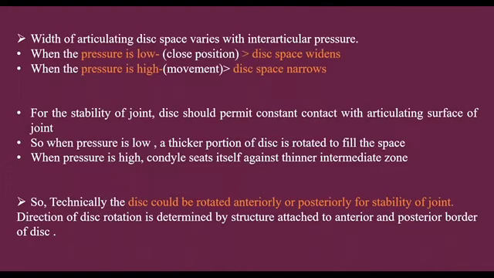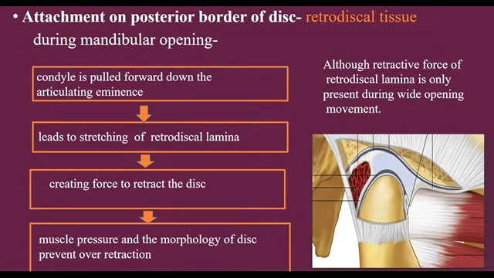The direction of disc rotation is determined by the structures attached to the anterior and posterior borders of the disc. The structure attached to the posterior border of the disc is the retrodiscal tissue, and therefore it is known as the posterior attachment. During mandibular opening, the condyle is pulled forward along the articular eminence, which leads to stretching of the retrodiscal lamina and creates a force to retract the disc.